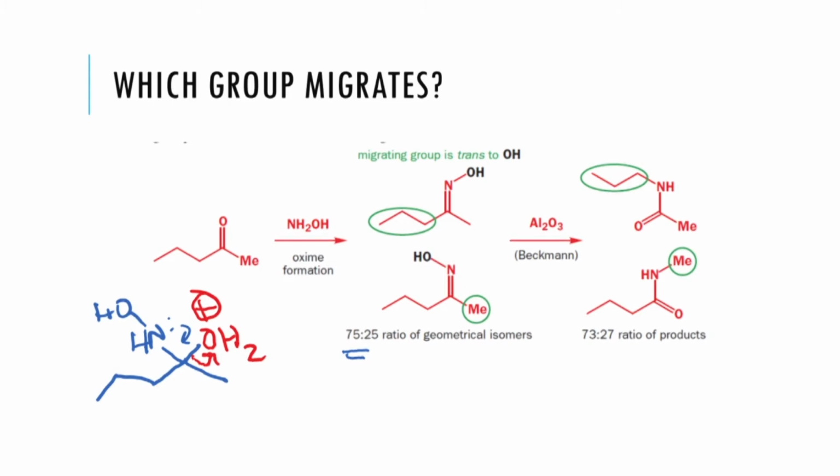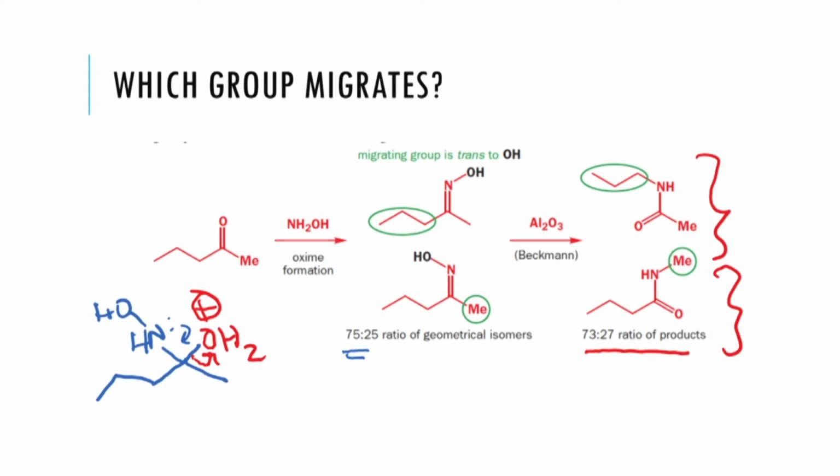The important result here is that when you add a Lewis acid such as Al2O3, the rearrangement occurs in such a manner that the ratio of these two is actually maintained. That is, you start with 75 to 25 and you end up with a nearly identical ratio of products.